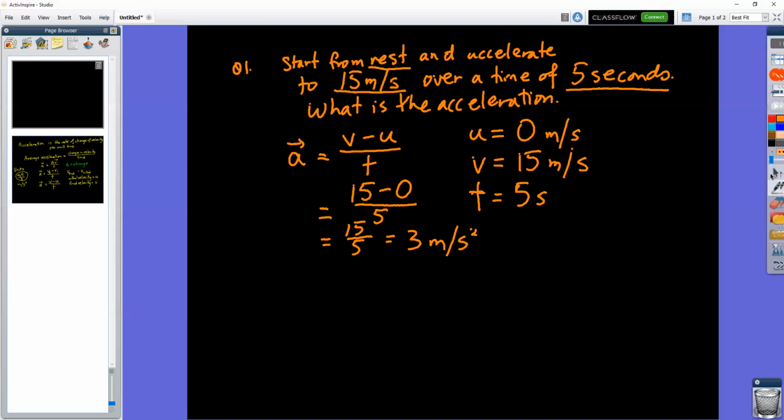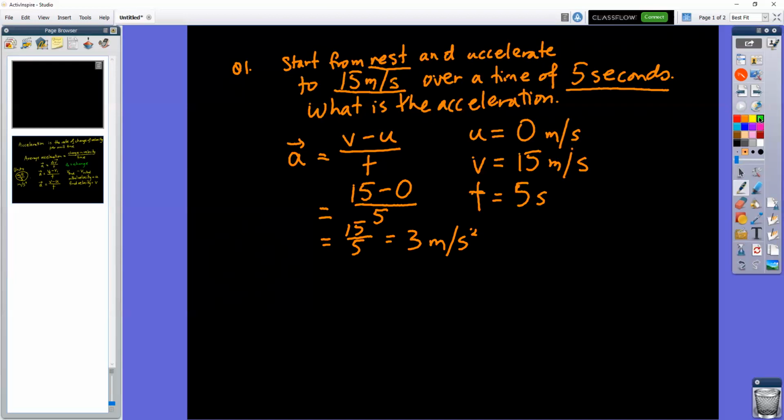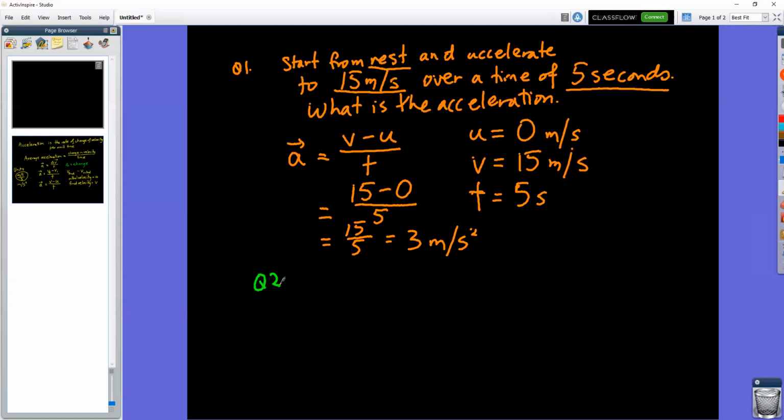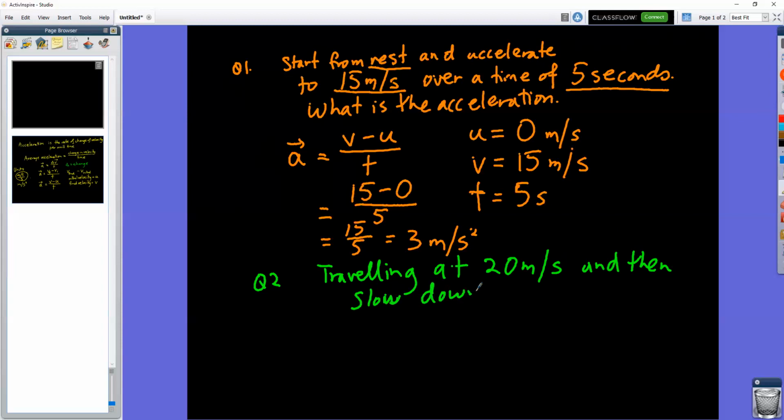Okay, I'll change colour. We'll do another question. Question 2. This time we're travelling at 20 meters per second, and then we're going to slow down to a stop, which takes 10 seconds.